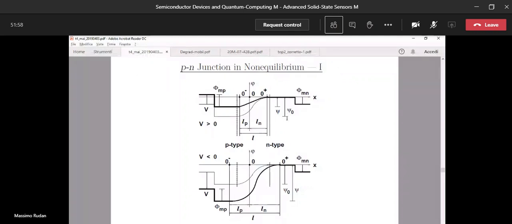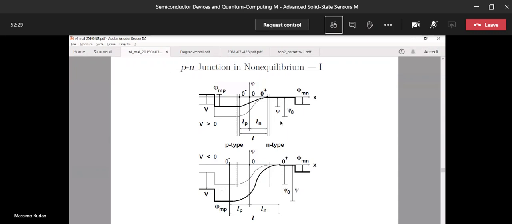So if you look at the figure, the drop in the electric potential between O minus and O plus, the drop is called psi, okay? You see it's the difference between the value here and the value on the other side. Psi is smaller than psi 0. Psi 0 is the equilibrium, okay?